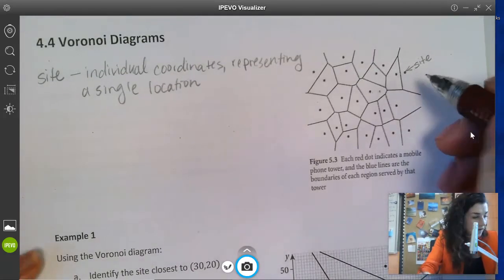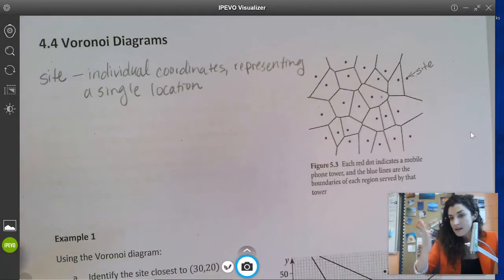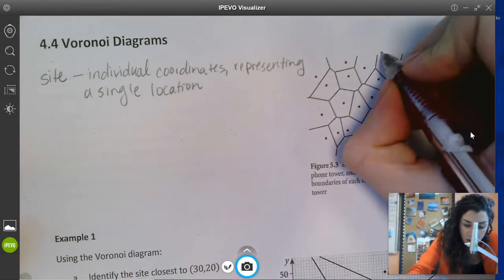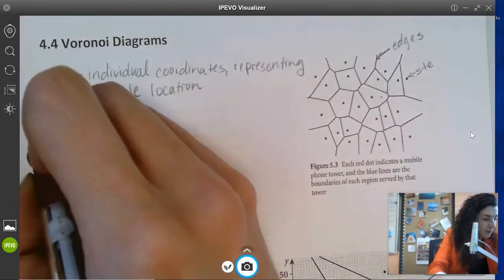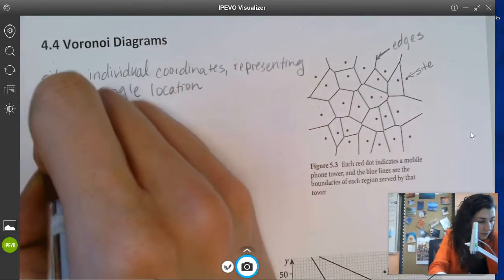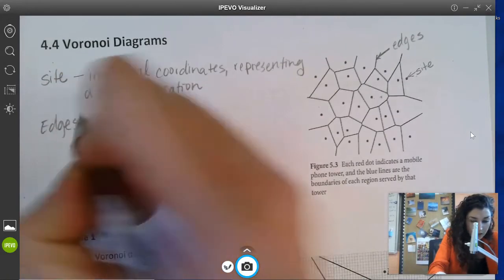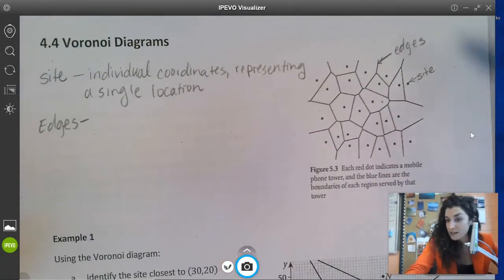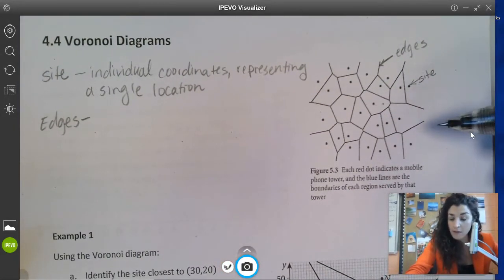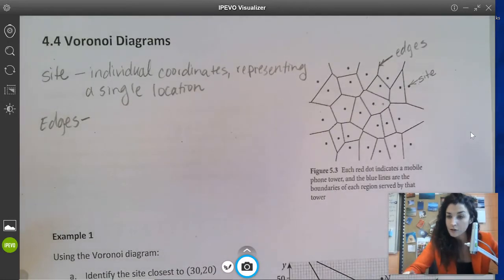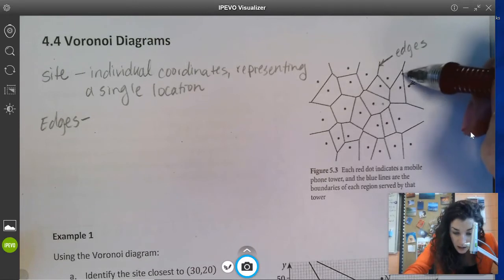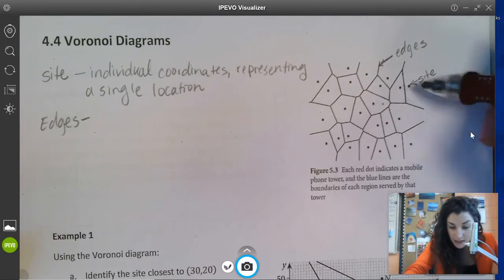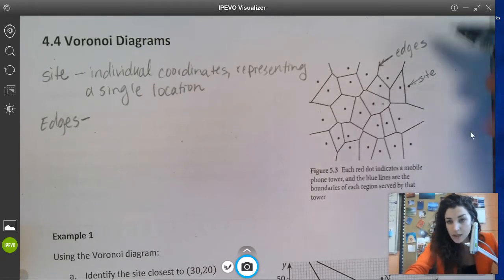And then they're surrounded by these lines, and each of these lines are called edges. They've got these edges, and the edges are actually perpendicular bisectors between all of the sites. So, something we've learned earlier in this unit, perpendicular bisectors, right? So, look between these two sites. Notice that this guy is the perpendicular bisector between those two points.